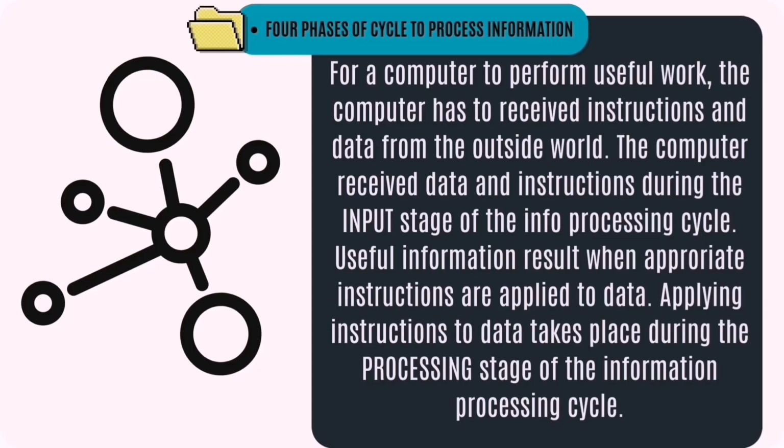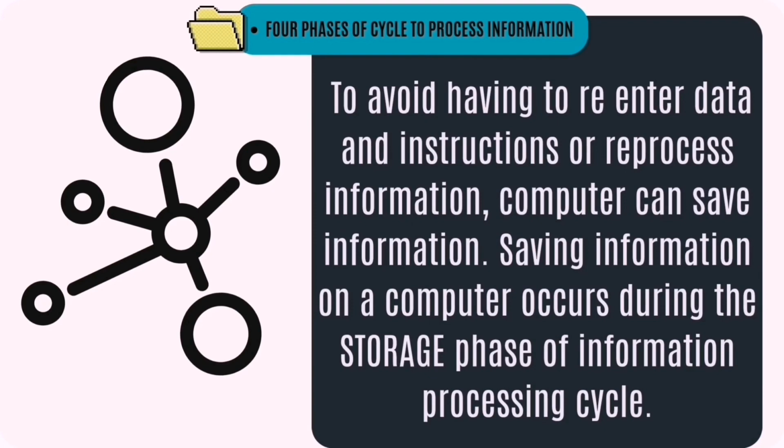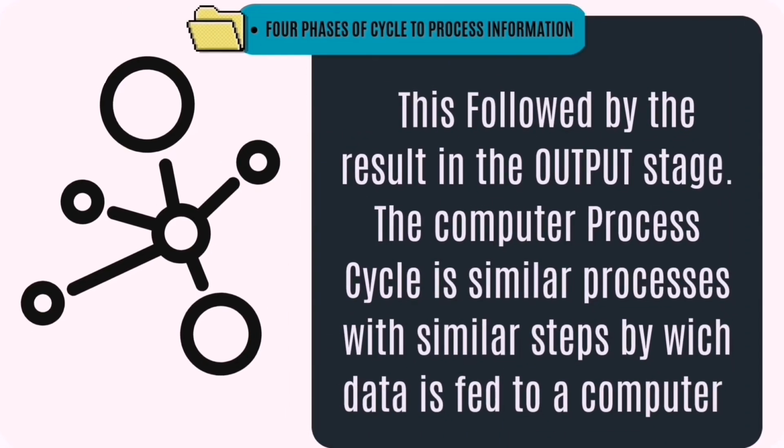Applying instructions to data takes place during the processing stage. To avoid having to re-enter data and instructions or reprocess information, computers can save information. Saving information on a computer occurs during the storage phase. This is followed by the result in the output stage.